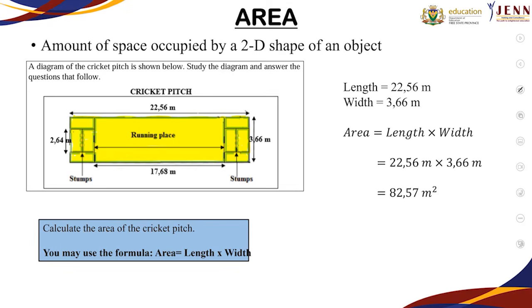Because that is what we call a 2D surface, which means it's got two dimensions, which is the length and the width. So that is why it is called a 2D shape, and it's a flat surface. So now you want to know what is the area of that? What is the amount of space that covers the whole floor?